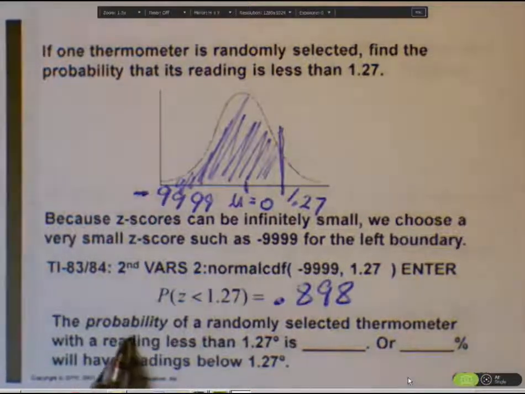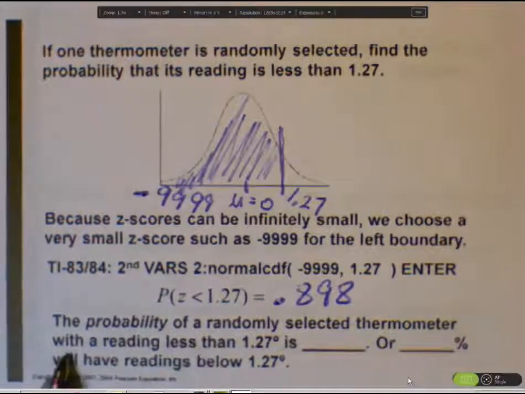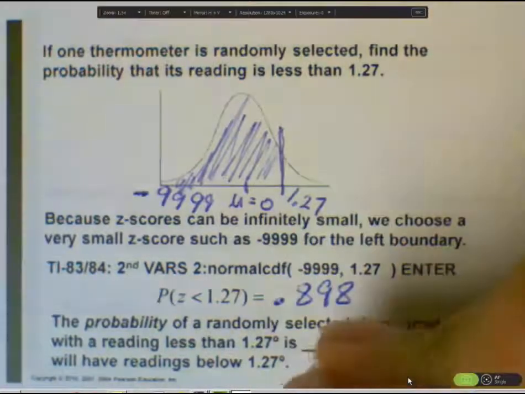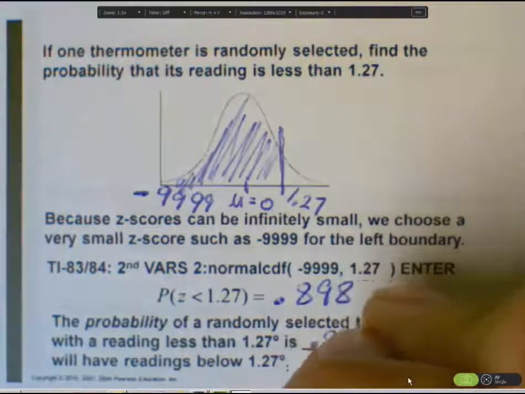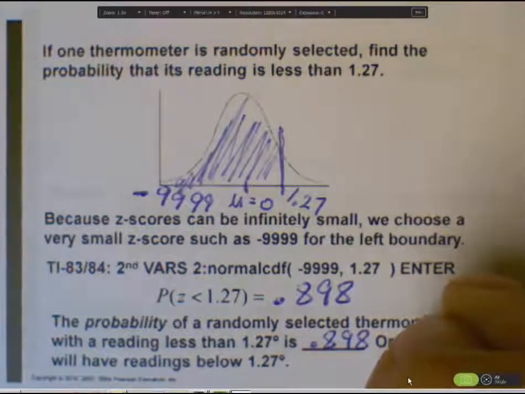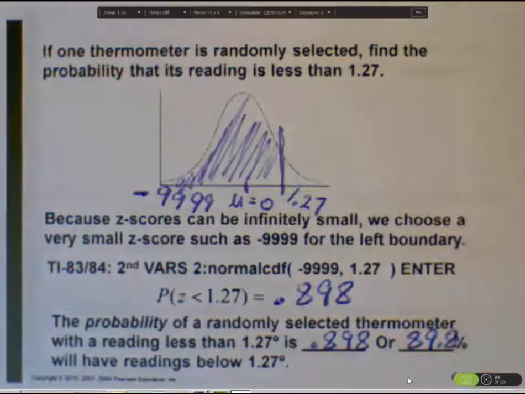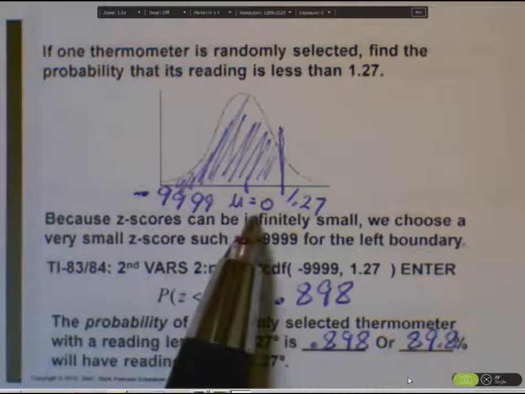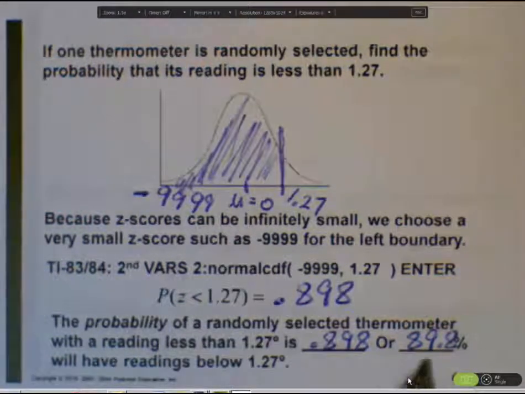That means the probability that a randomly selected thermometer will have a reading less than 1.27 is 0.898, or if I change that to a percentage, 89.8% of the thermometers will have a reading below 1.27. If the thermometers are supposed to read 0 degrees at the freezing point of water, then about 90% of them at least are going to read below 1.27 degrees.